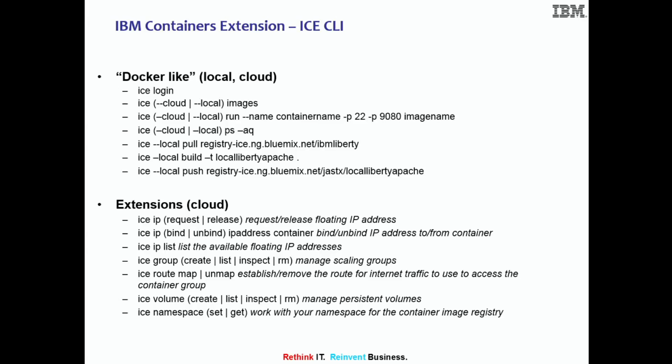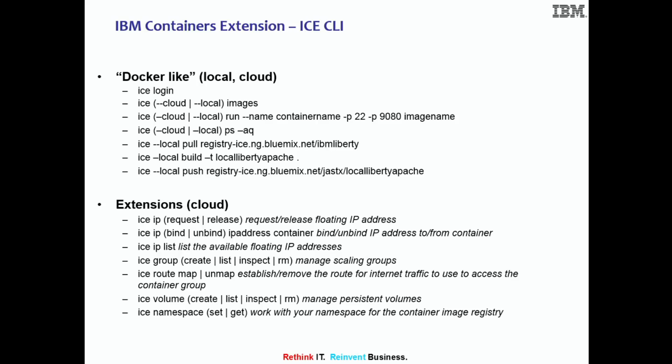It's the same syntax as the plain Docker command. There is only one difference: you have two switches, local and cloud. If you use the switch local, then this command goes to your local Docker machine, and if you use the switch cloud, it goes to Bluemix. So instead of using ICE --local, you can use just Docker, because it calls the Docker command.